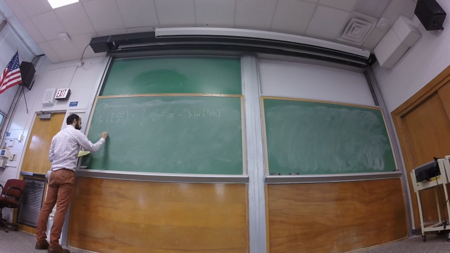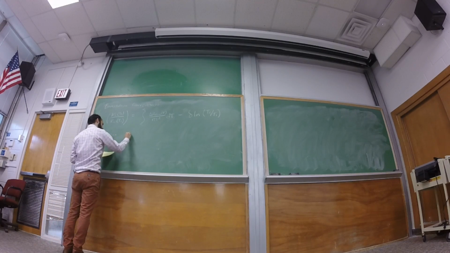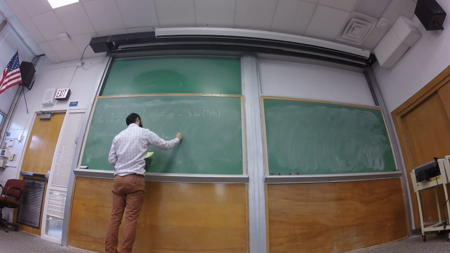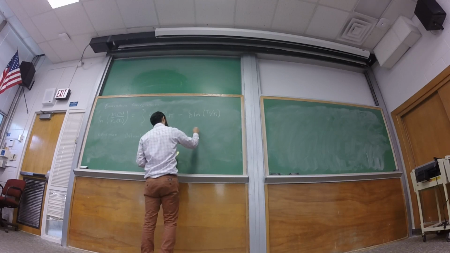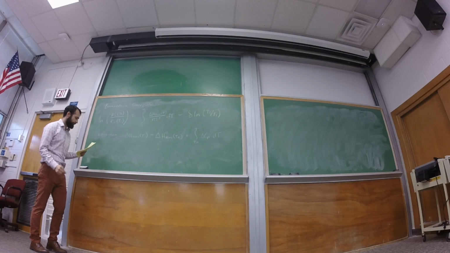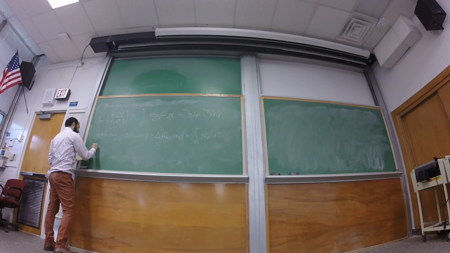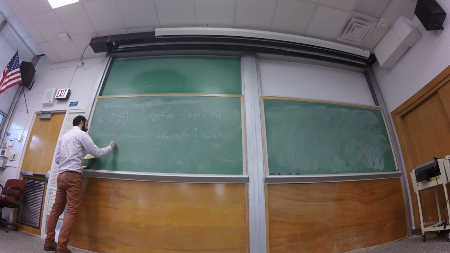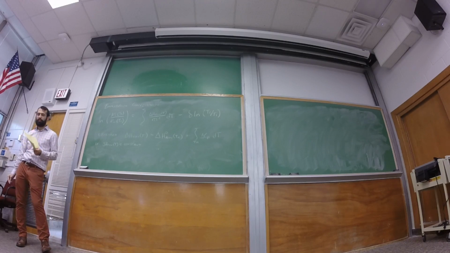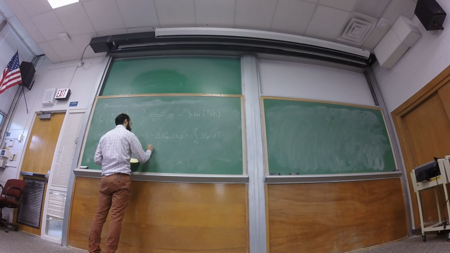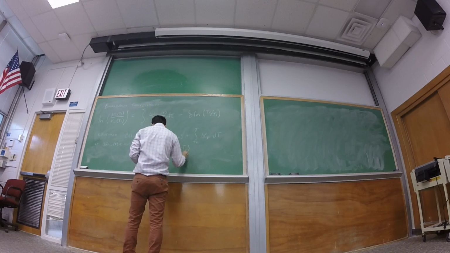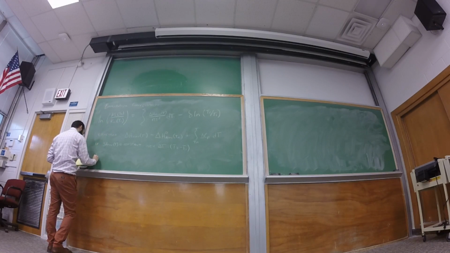And remember, if we assume that the delta H of reaction is essentially constant over the delta T that we care about, meaning T2 minus T1, then you can come back up here and you get this.